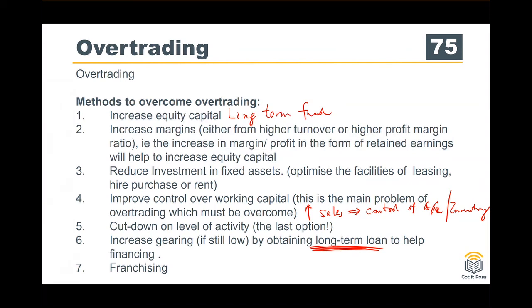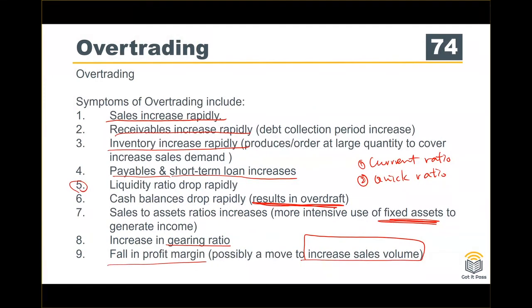So here are the methods to overcome overtrading. And just one word about overtrading. If you would like to go for the OBU, the Oxford Brookes University Bachelor of Science, the BSc program, and choose the RAP, the research analytical project about the company's financial performance, then overtrading is one of the key items you have to remember, those symptoms, and you can refer to them.